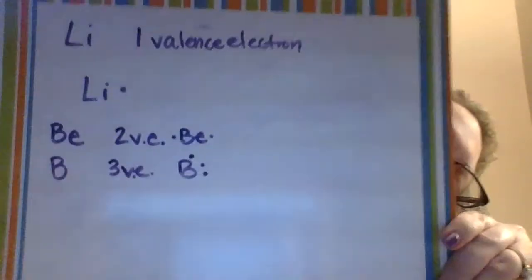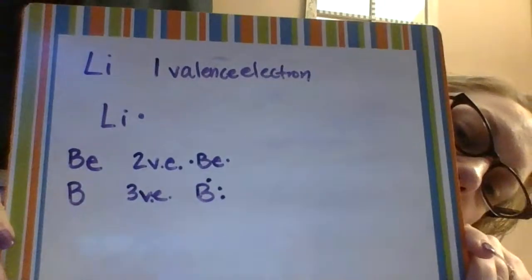So we have boron as the next one on the table. It has 3 valence electrons, and I have the dots around the B.